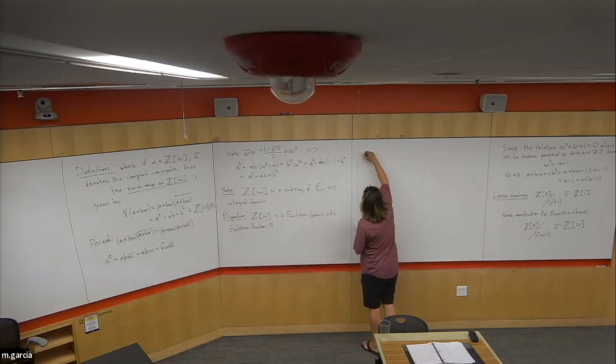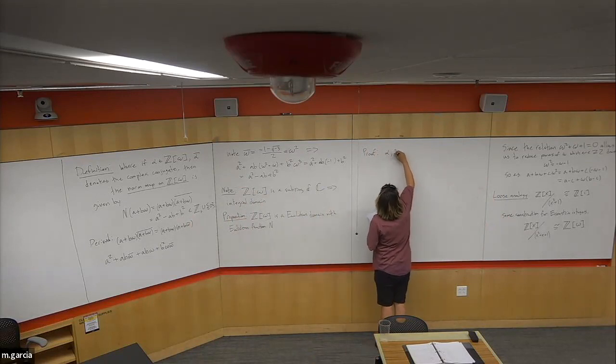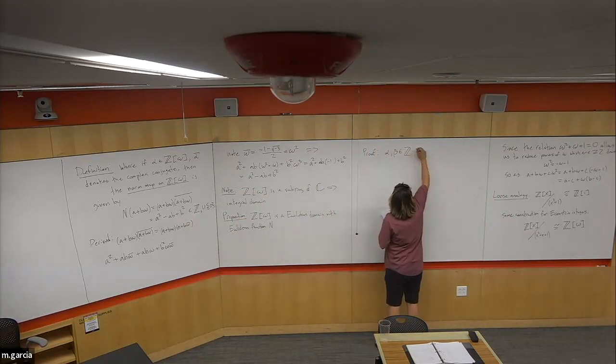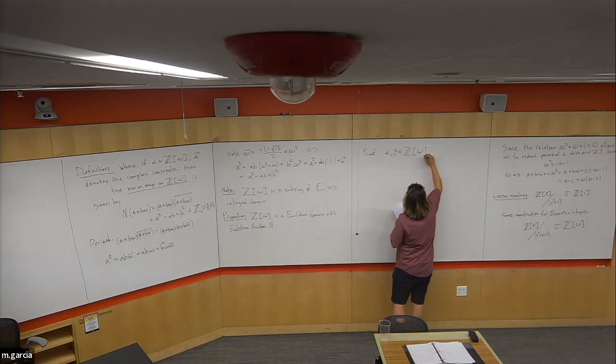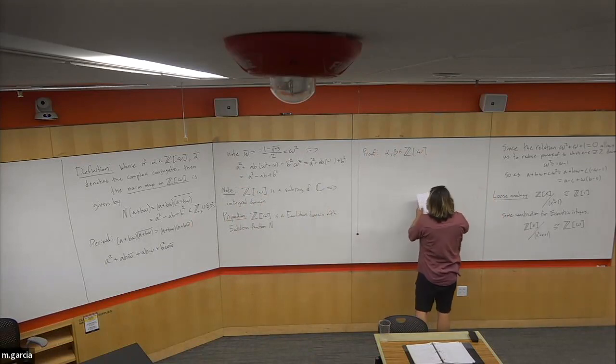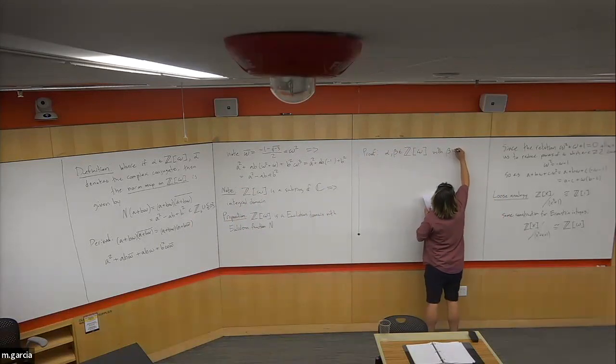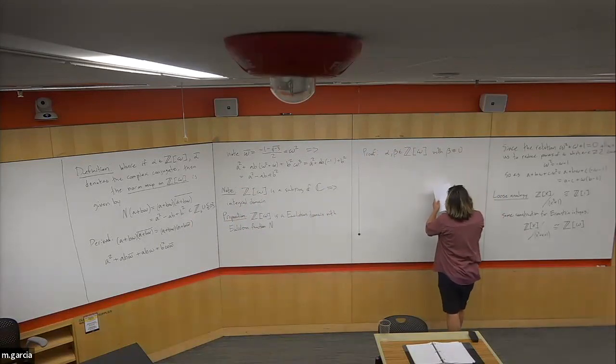So take alpha and beta in z adjoint omega, with beta not equal to 0.